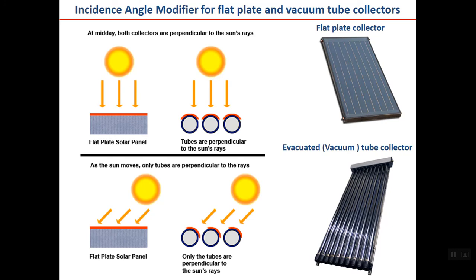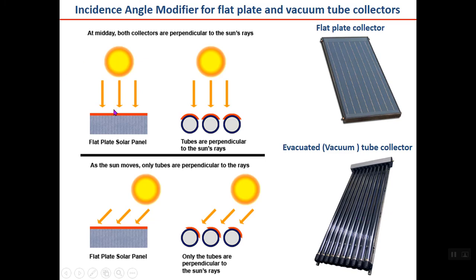You may remember that there are generally two types of non-concentrating solar collectors. These are flat plate collectors at the top and vacuum tube collectors at the bottom. A flat plate collector, as you can see, is a flat surface, while a vacuum tube collector is generally manufactured from tubes, for example maybe 15, 20, 30 or something like this.